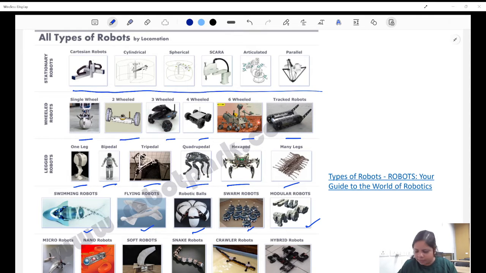I hope you're able to see my screen, this all type of robot screen. No? Can someone else confirm? Okay. Manmeet, I think there is some glitch on your side.